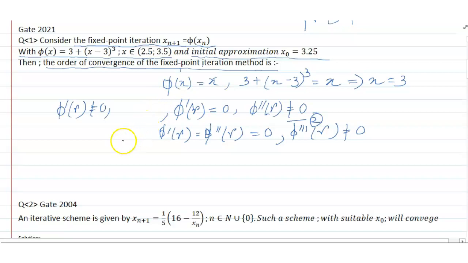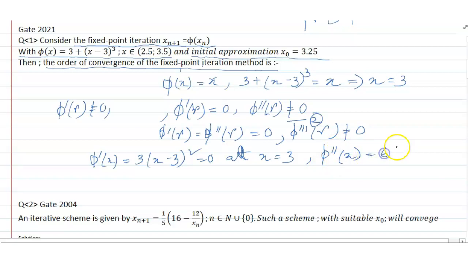Now you see that φ'(x) = 3(x − 3)². So it is 0 at x = 3, and φ''(x) = 6(x − 3).